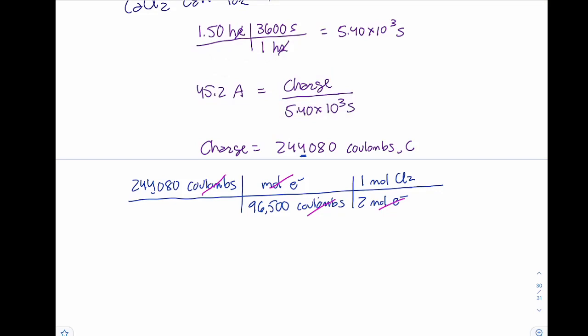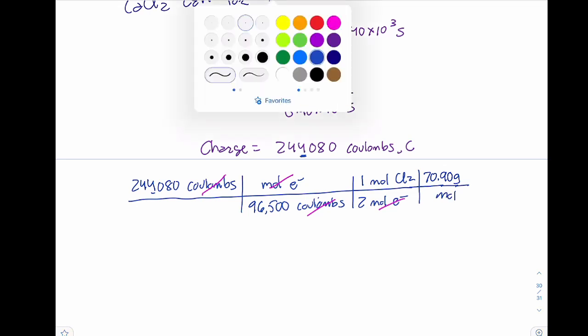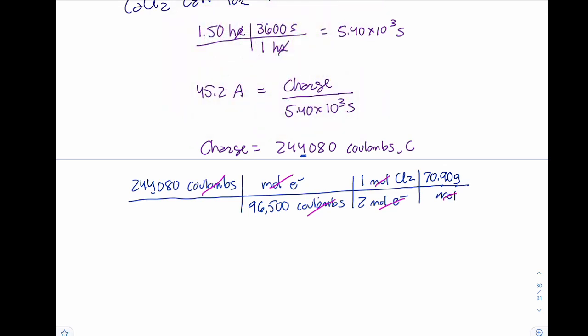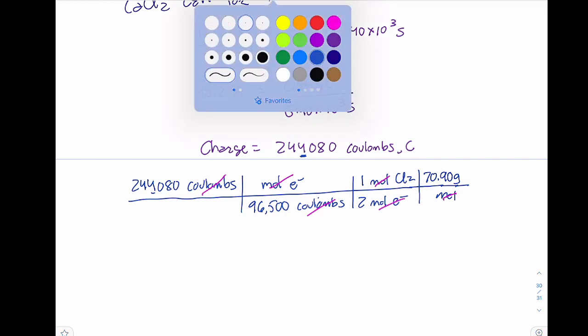Once I have moles, grams is easy. We just use our molar mass. So my molar mass for chlorine, there's 2 chlorine atoms, 35.45 times 2. That gives me 70.90 grams per mole. Moles cancel, and we're going to be left with grams of chlorine.